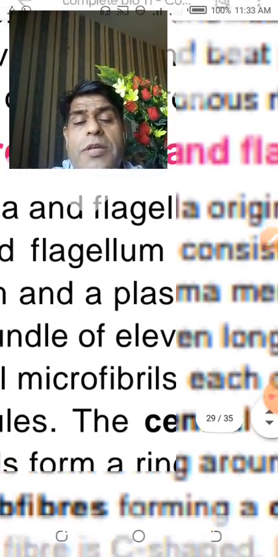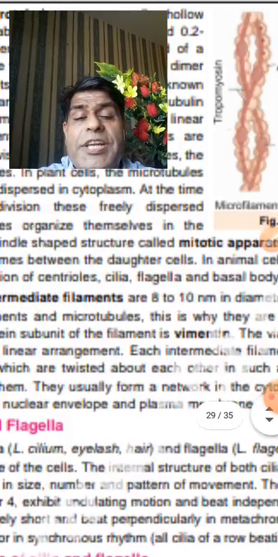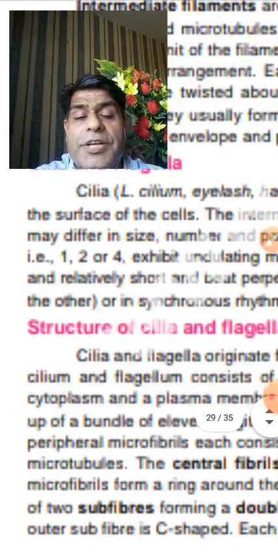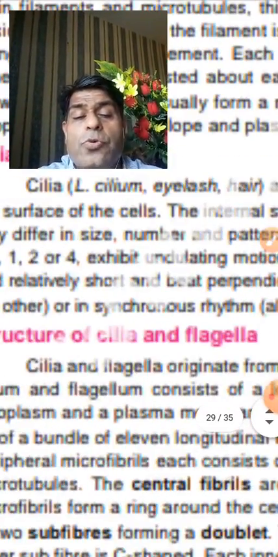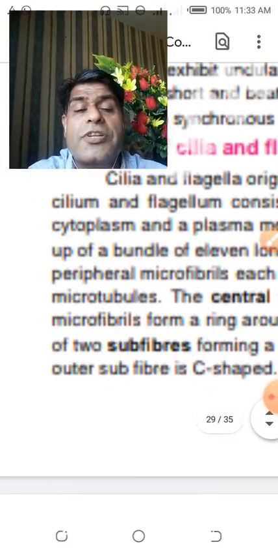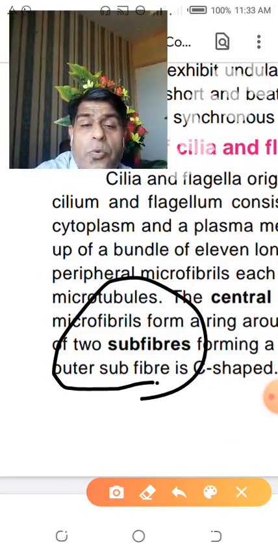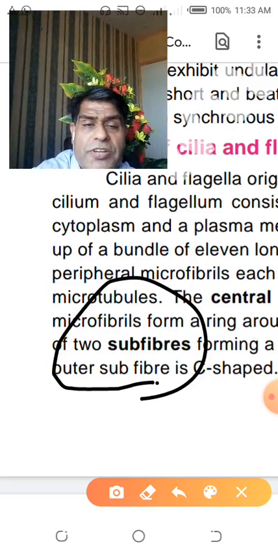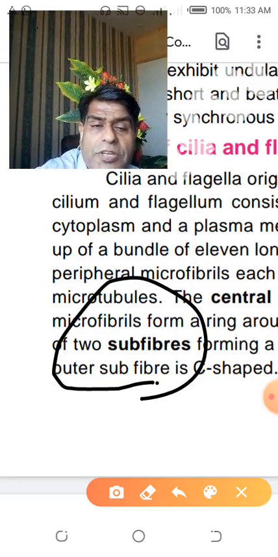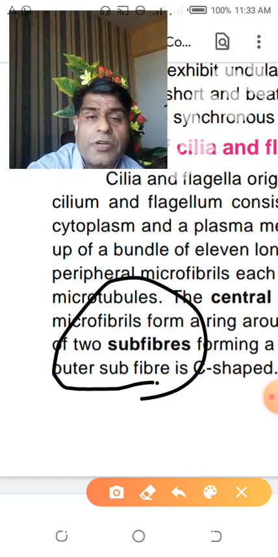So you are watching the subfibers, and now you have to see which fiber is complete and which fiber is not complete. Each microfibril consists of 2 subfibers. One is complete, one is not complete. This is the point. What I am talking about?